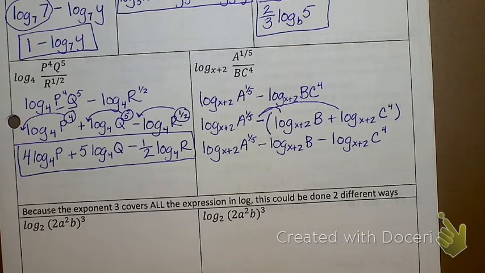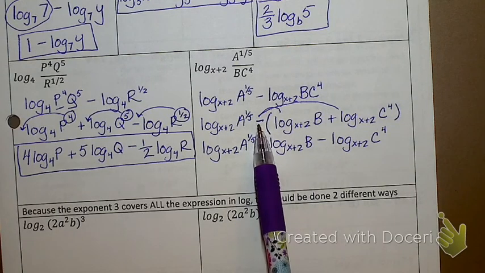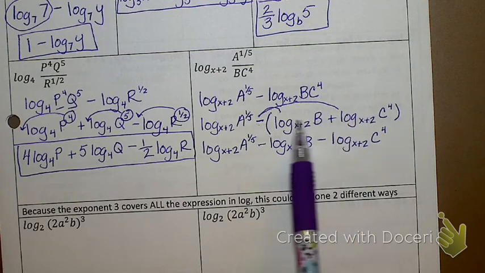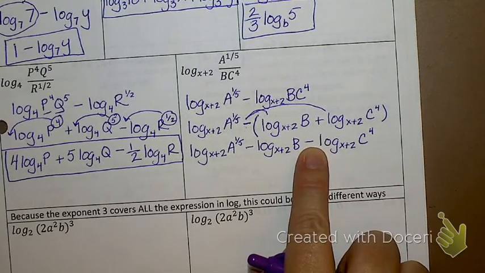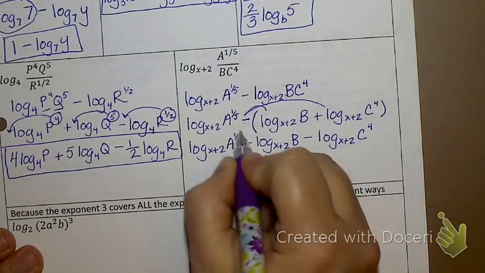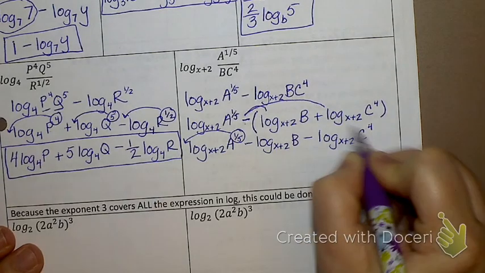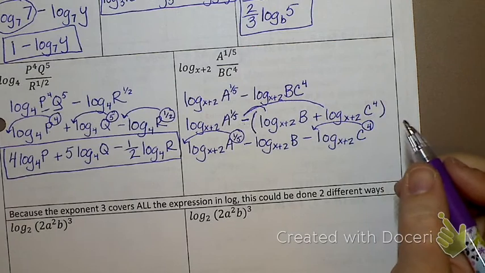People that don't understand this process of breaking something up after a minus sign end up putting a plus there because they didn't distribute that minus sign. My last step is what? Bump those exponents out to the front. Always take care of division first. Well, I shouldn't say always. Usually you will take care of division first.